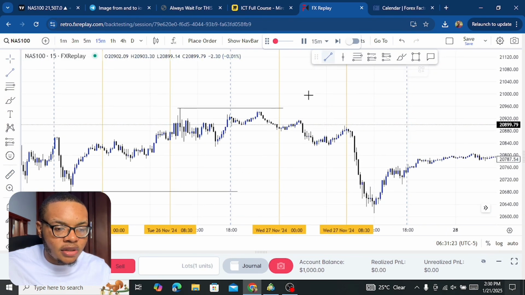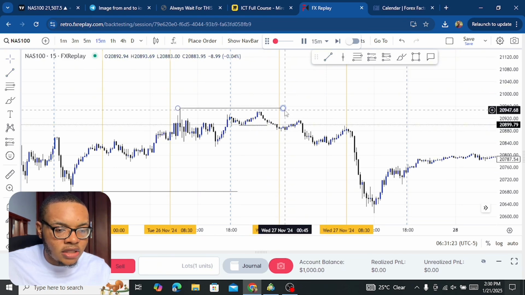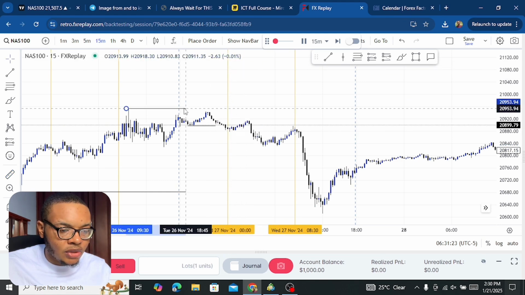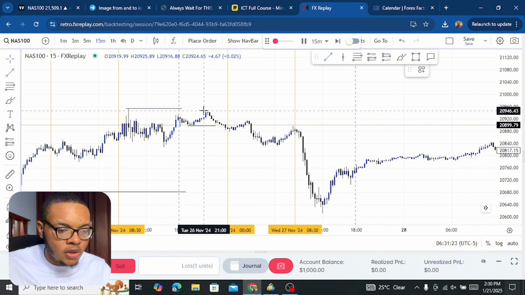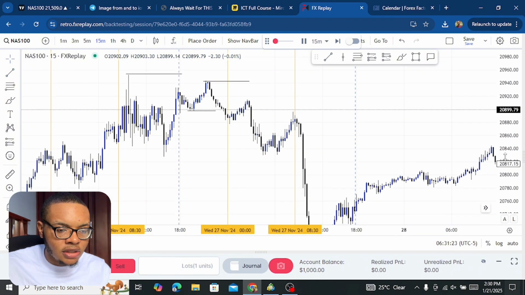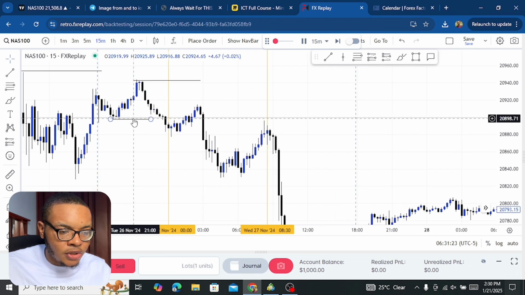Now we have this lowest point here to be Asian lows, and we've got relatively equal highs with the previous day's high. I don't know if you can see it right there, but let me mark it out so you can see it. It's almost equal, relatively equal. So that's Asian high. Okay, actually, let's zoom in. That's not the lowest point in Asia.